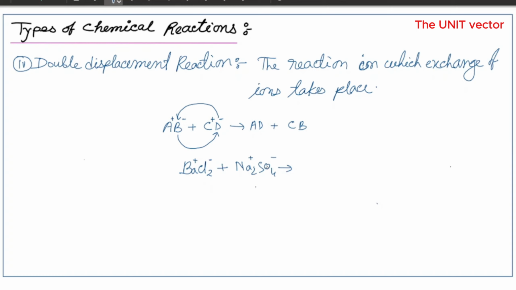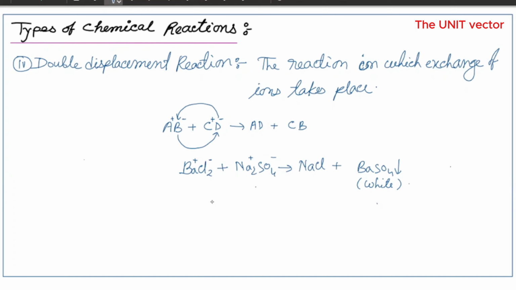That means barium will take the sulfate ion and sodium will take the chlorine ion, then it will become sodium chloride NaCl plus barium sulfate BaSO4. So in this reaction, when barium chloride reacts with sodium sulfate, a white precipitate is formed, which is barium sulfate, and it is insoluble in water. The color of barium sulfate is white.